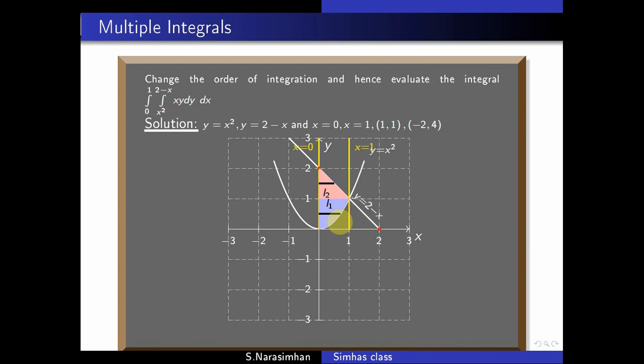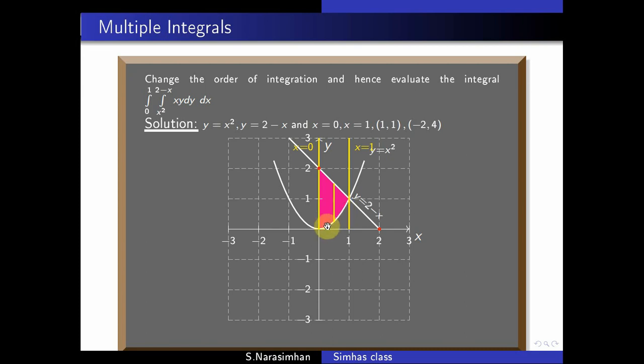I want to integrate first with respect to x. The reason is this: if I take a step here, the upper limit is going to change, whereas if I take a step here, the upper limit is going to change. Whereas when we integrate first with respect to y, look at here, throughout this region your upper limit will be on this line, it won't change.